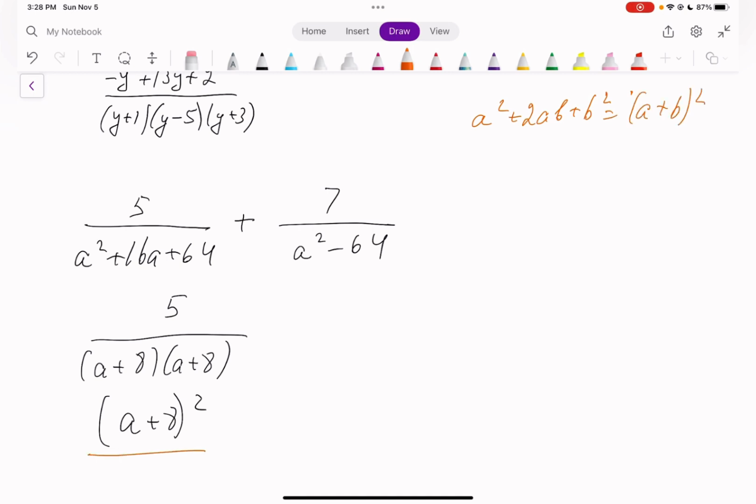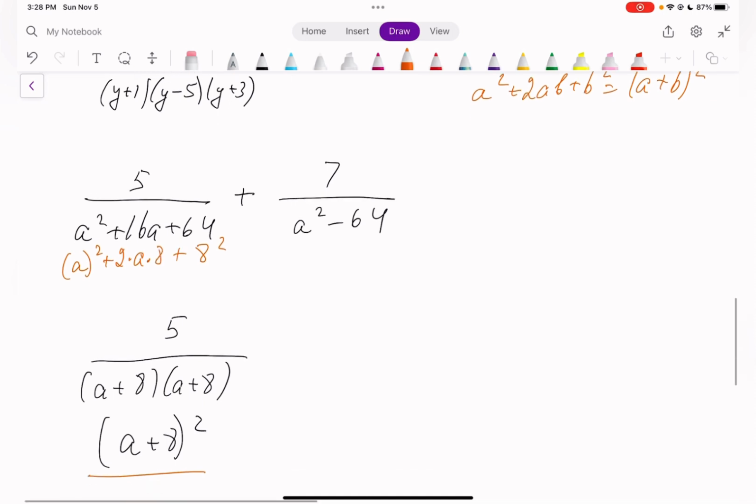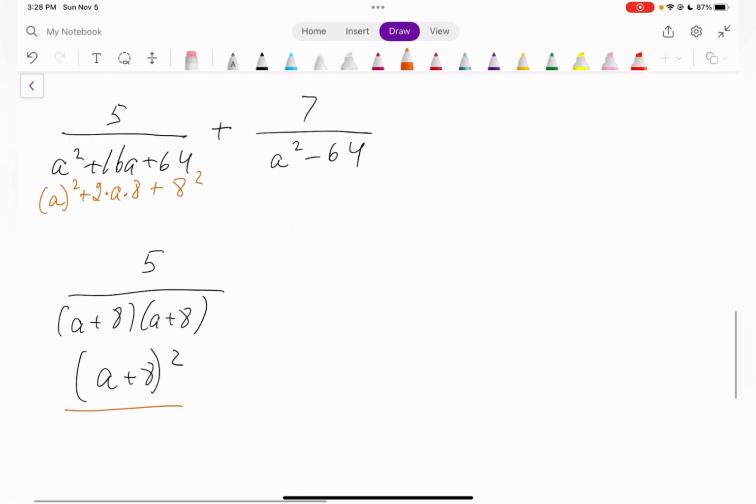This is a squared plus 2 times a times b, my b here is going to be 8, and here will be 8 times 8, right? So a plus 8 squared, here it is.